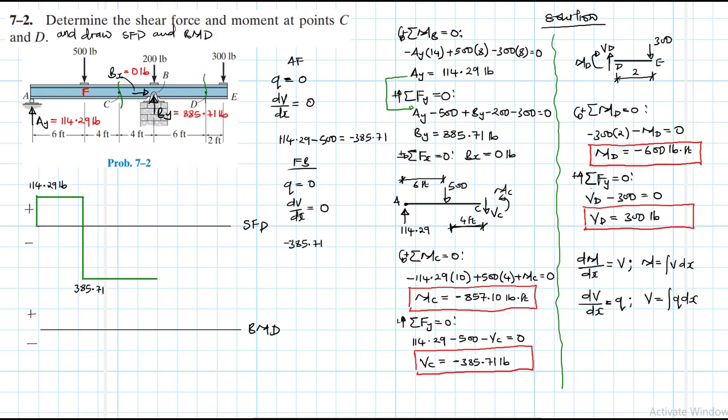So we have a minus 385.71, then plus 885.71, then minus 200. Let's sum them up. Minus 385.71 plus 885.71 and minus 200. So what do we have?